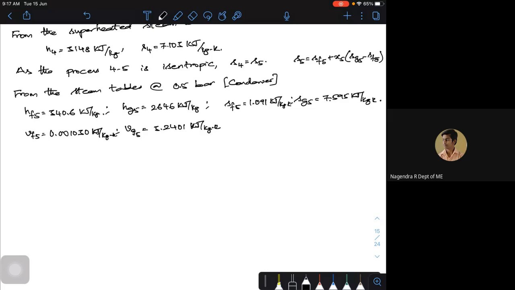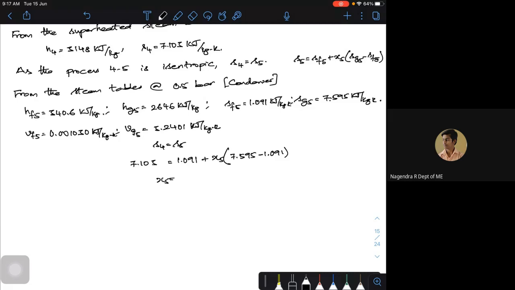Now we will equate S4 is equal to S5. What is the value of S4? It is 7.103, which is equal to SF5, 1.091, plus X5 into 7.595 minus 1.091, and find the value of X5.